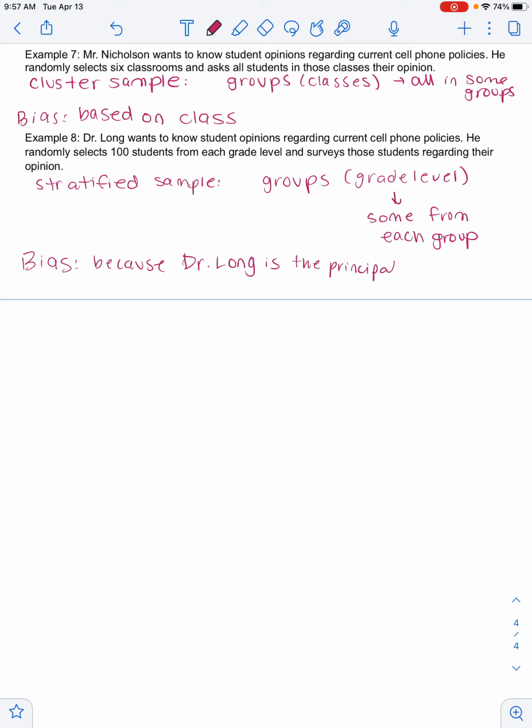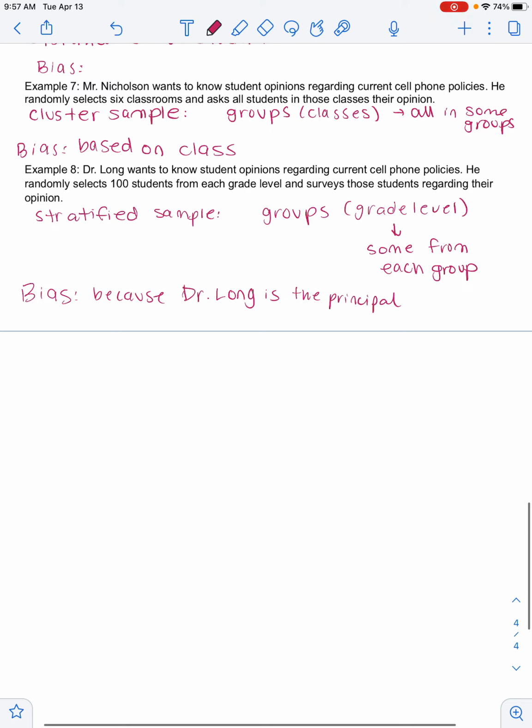And while you may want to complain to your friends, it's a lot different when you have to complain to the principal himself. But this one is a pretty good sampling method because you're getting a few kids from each grade. And so you're sure that you're getting some representation all across the board. Whereas if you don't do a stratified sample, sometimes you don't.